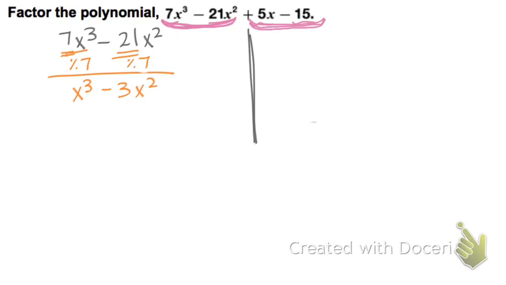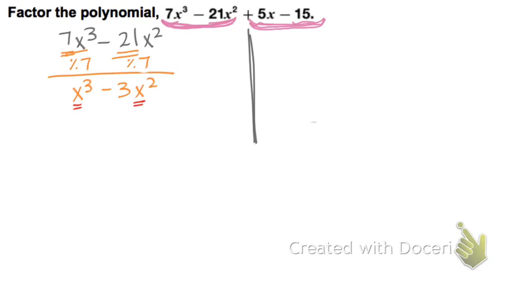Now I'm going to ask myself, well, what can I factor out of the x's? I start looking at the variables. In this case, there's just one, x's. So x to the third and x squared. What do they have in common? What's the most x's that they both have? They don't both have x to the third, but they do both have at least 2 x's multiplied together.